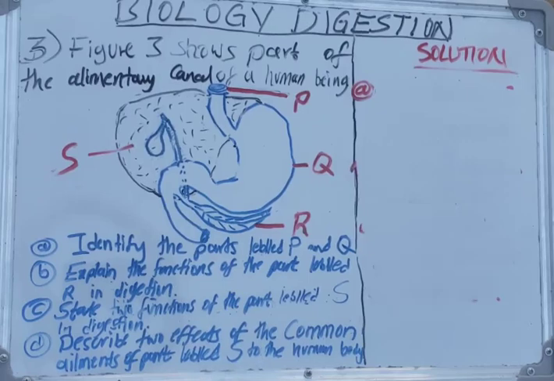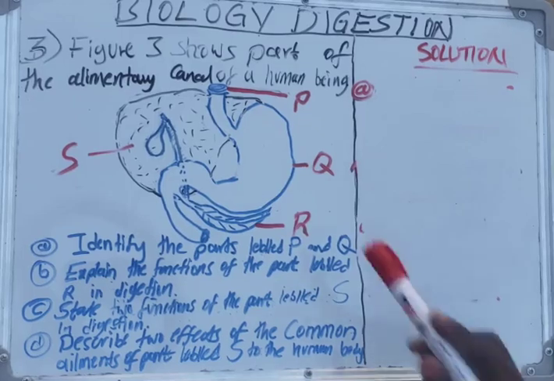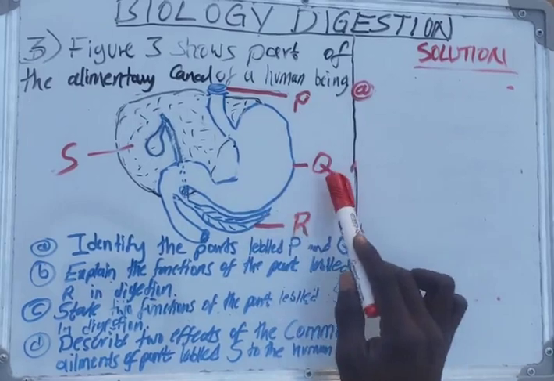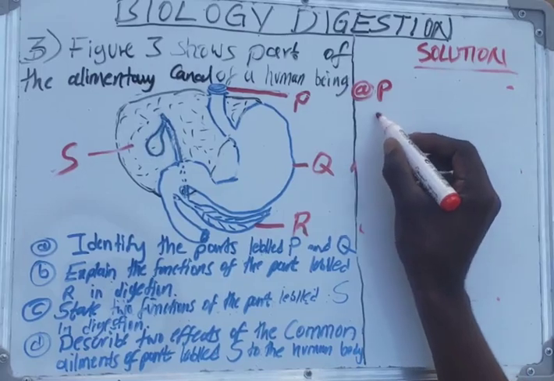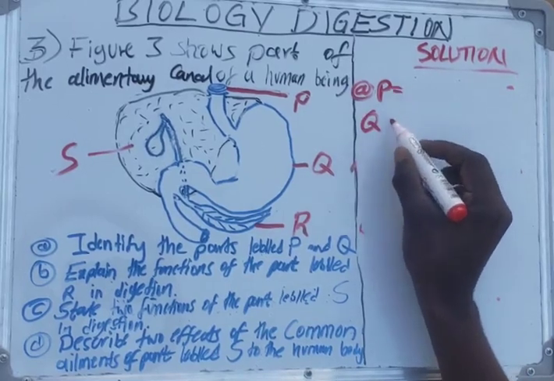Question A reads, identify the parts labeled P and Q. They want us to identify these two parts.